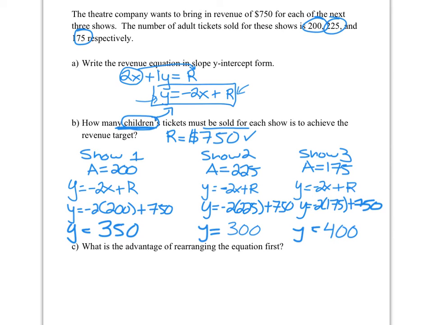Well, when we rearrange the equation into slope y-intercept form, we have already isolated the y value. So we were already solving for the number of children's tickets. So there wasn't any moving around that we had to do with numbers to be able to isolate that variable.